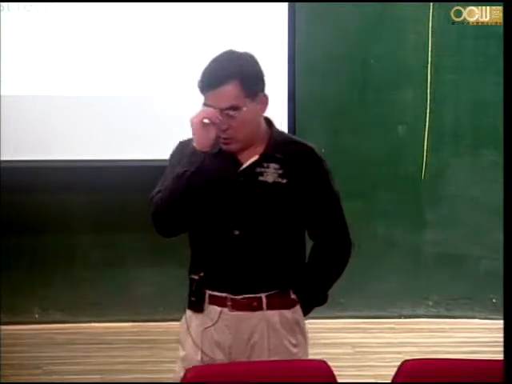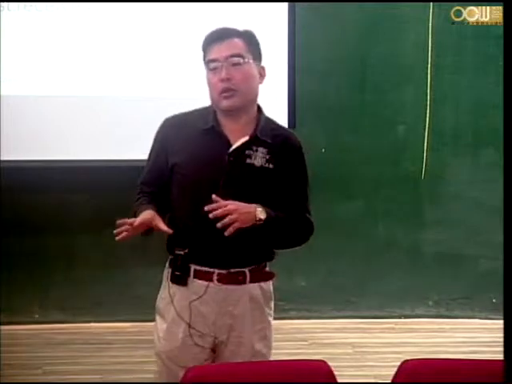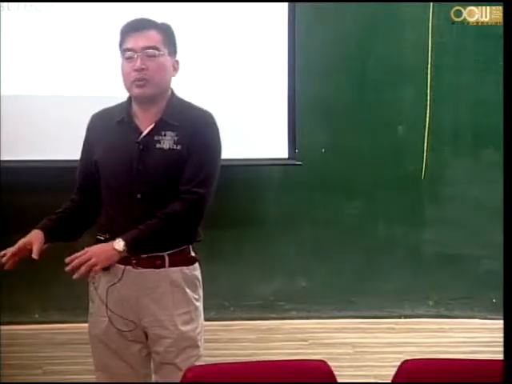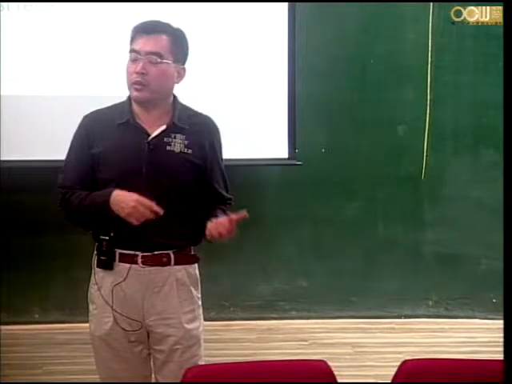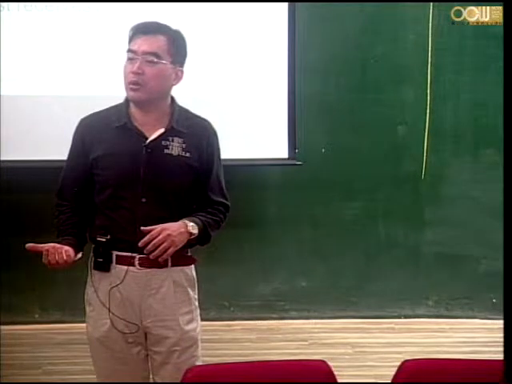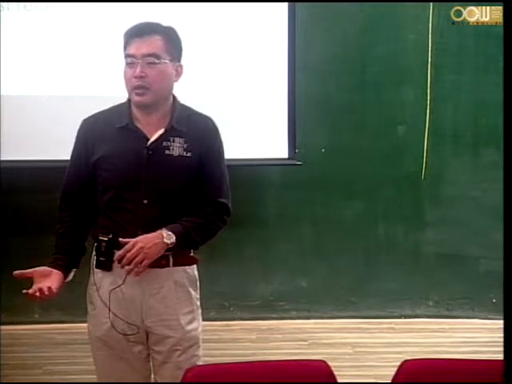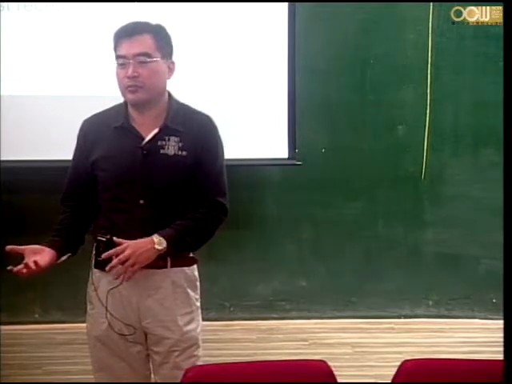So the reason I only need to know whether there are members belonging to a certain class D address, I don't need to know who and how many. I just need to know whether there are any.